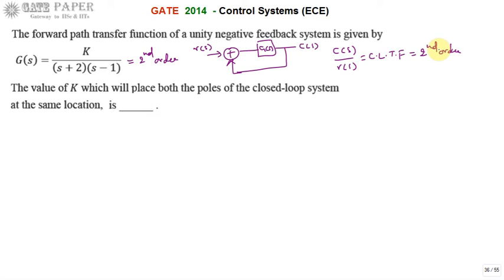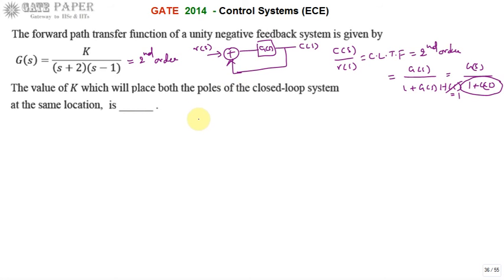So the closed loop transfer function has the same second order, and we know that it can be calculated as G(s) divided by 1 + G(s)H(s), but H(s) is equal to 1 since it is unity negative feedback, so it will be G(s) divided by 1 + G(s), and this 1 + G(s) is treated as the characteristic equation.